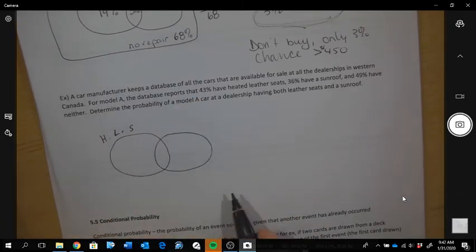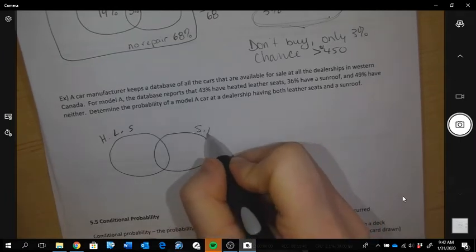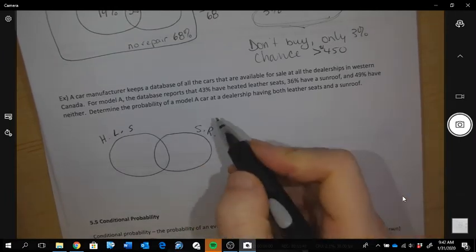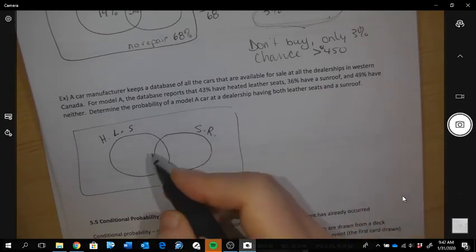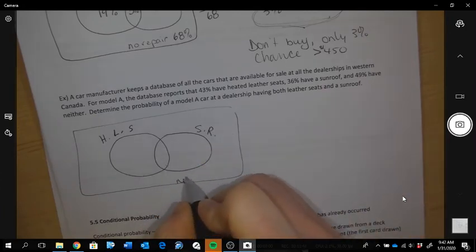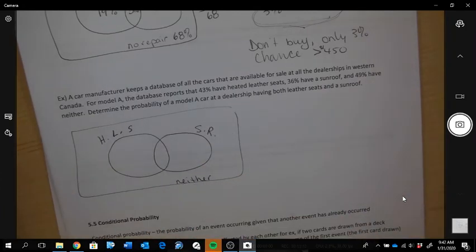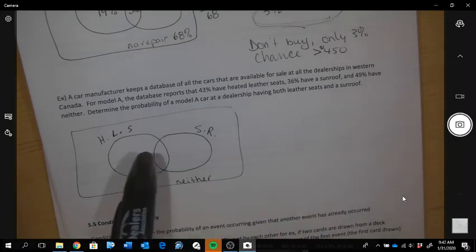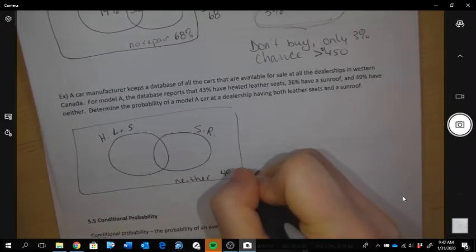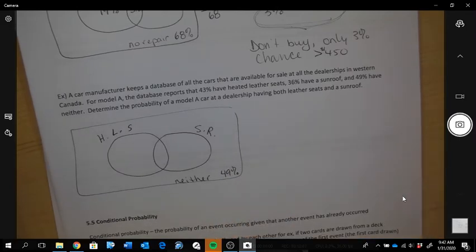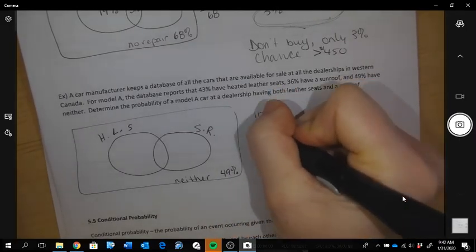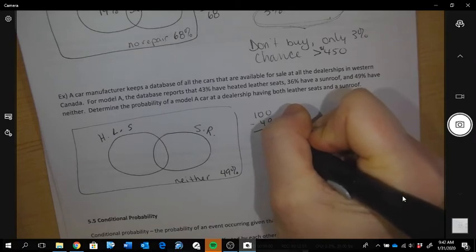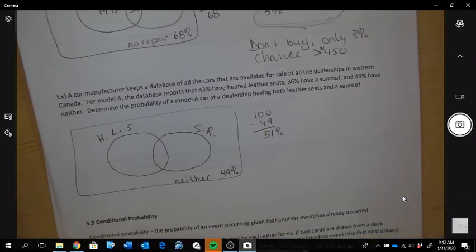So heated leather seats, and then we have a sunroof. Outside those bubbles would be neither. 49% have neither, so what does that leave us with inside the bubbles? We need 51%.